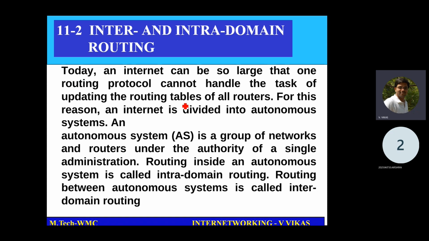We also have another name for that, which is exterior routing protocol. And another one, the intra-domain routing protocol, is used when we want to communicate within the domain. Intra-domain we can also call interior routing protocols.